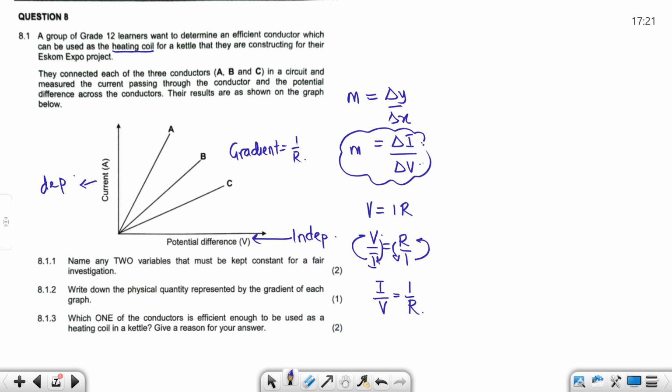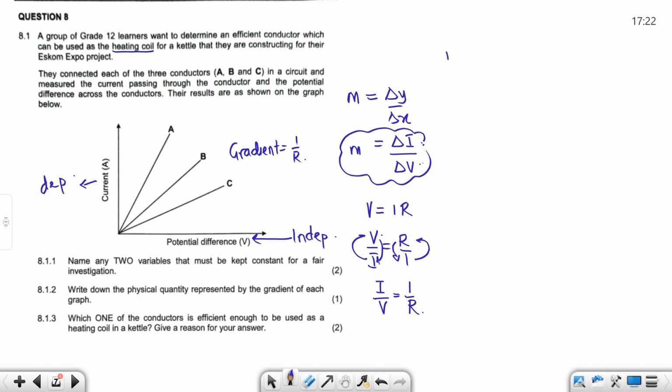I want to ask you a question here. Before we go and look at all of the questions the examiner is testing, I hope you got that concept. Find the gradient and use your formulas. Which one has the greatest gradient here? Which gradient is the highest? Or which slope is the steepest?